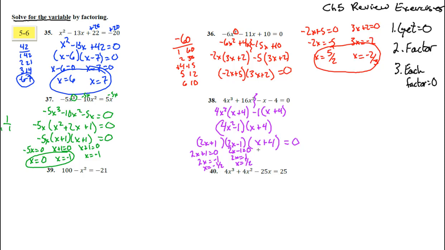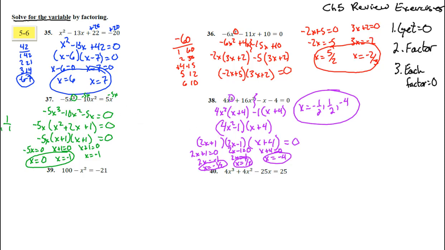And then the next one, x plus 4 equals 0. Subtract 4 and we get x equals negative 4. So we get 1, 2, 3 answers. I'll write them up here. x can be negative 1 half, positive 1 half, or negative 4. There we go. Wow, 3 answers, and notice that corresponds to the degree of the polynomial.